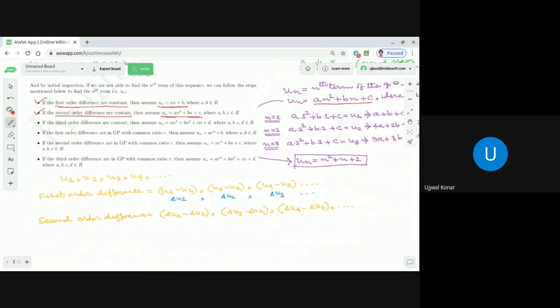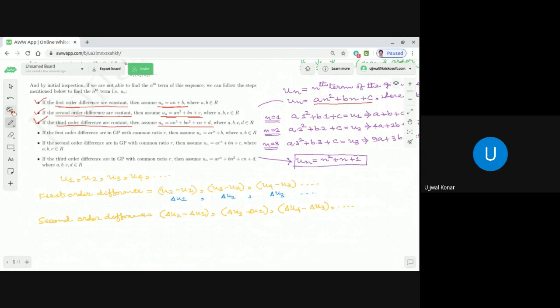If the third order differences are constant, then we assume that un equals a n cube plus b n square plus c n plus d, where a, b, c, d belong to R. After that it will not come. That's fine, up to the third order difference.